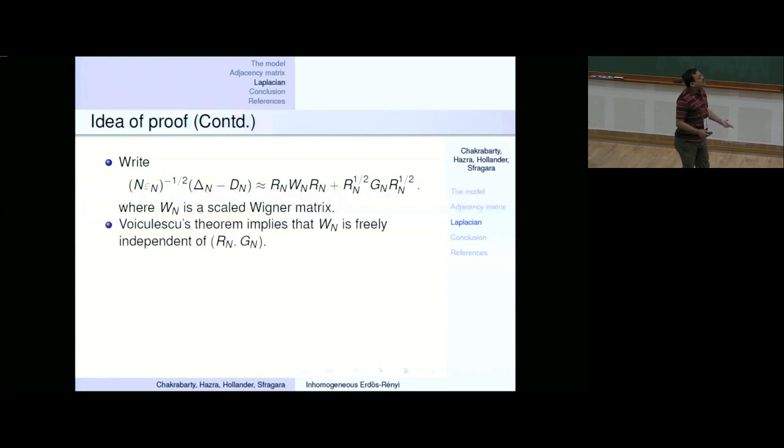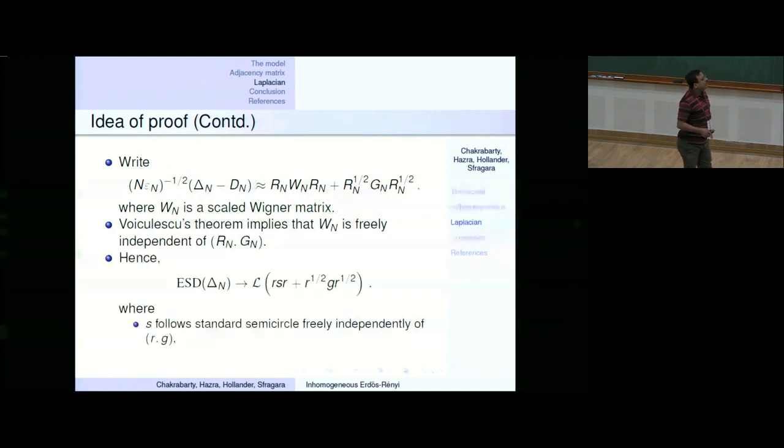And then Voiculescu's theorem immediately tells us that Wn is freely independent of this tuple Rn and Gn. So remember, Rn is a deterministic matrix, Gn is a matrix independent of Wn. Okay? Wn being a Wigner matrix, it's freely independent of this tuple.